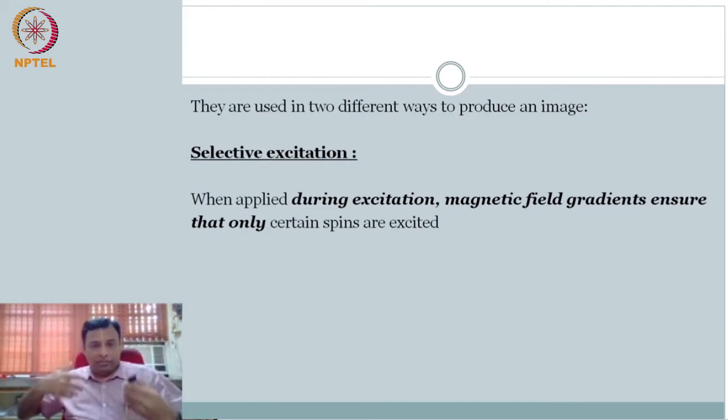So I have magnetic field gradients to ensure that different spins are excited. Different spins are there, different Larmor frequencies are there. When I am applying excitation, I will apply an excitation frequency. So only those locations that match this excitation frequency are going to even respond to the excitation, right? That is the whole idea. Apply B1 at omega naught. That is what we covered.